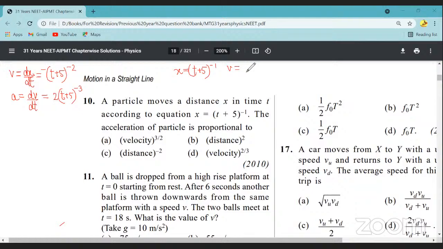Velocity we got minus t plus 5 whole to the power minus 2. Acceleration we got 2 into t plus 5 whole to the power minus 3. Now let's see what this acceleration is, is it velocity to the power 3/2? Okay, let's put it in.